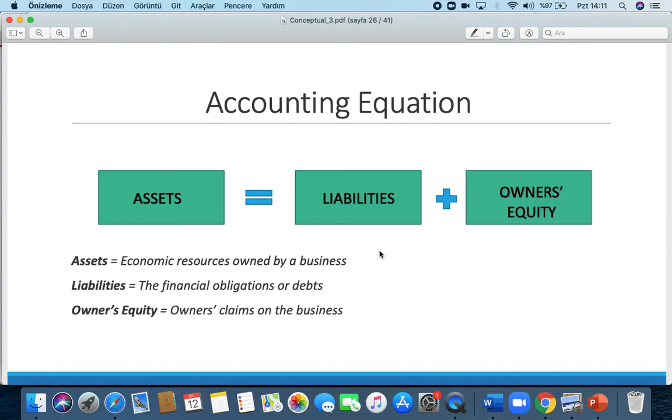Okay. So, but in very simplistic form, assets are the things that are coming inside to you. So you have it. That's yours. Okay? So we are going to put it on the left-hand side of the equation. Assets, and it will be equal to the things that go outside of the company.